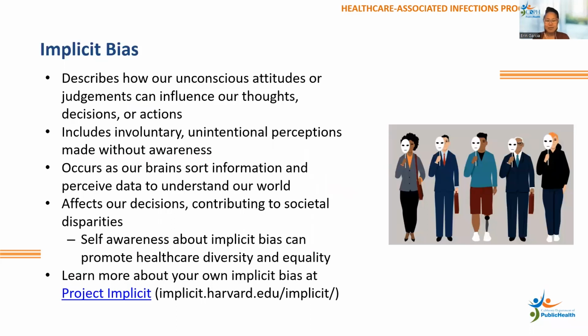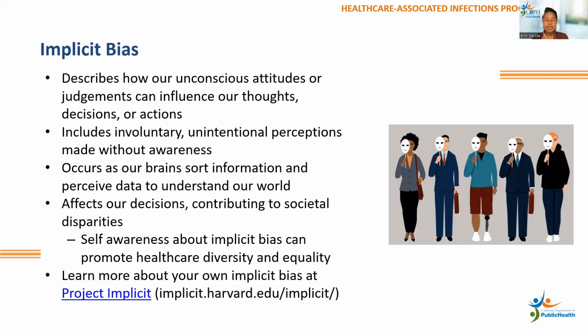This is a slide we present in all of our courses to make ourselves aware of implicit bias. Implicit bias describes how our unconscious attitudes or our judgments can influence our thoughts, our decisions, or our actions. This includes any involuntary or unintentional perceptions made without us even being aware, and occurs as our brains sort out information and perceive data to understand our world.